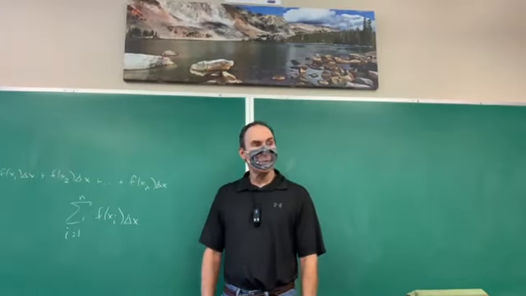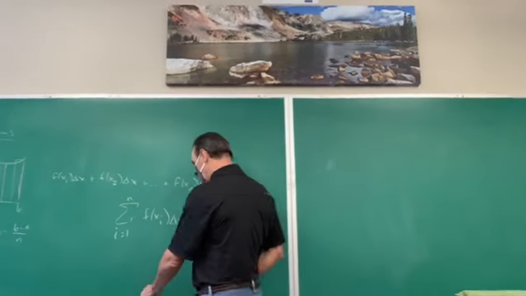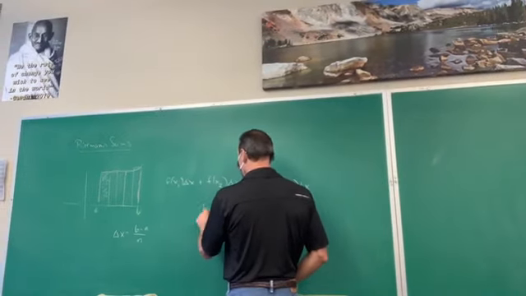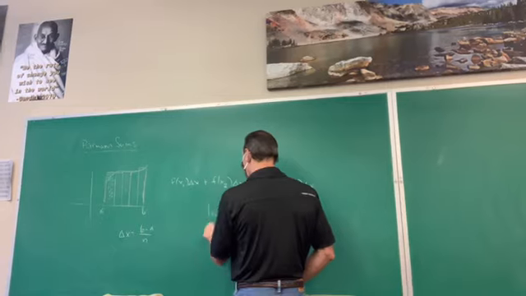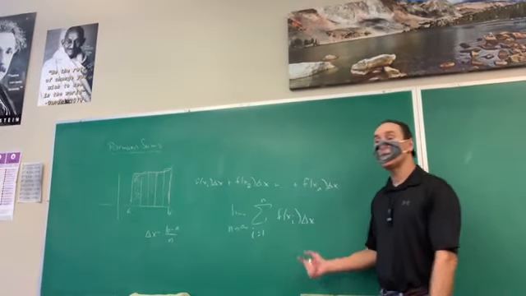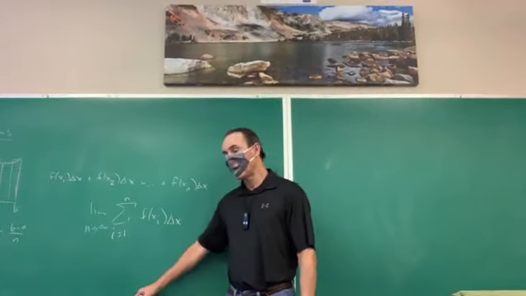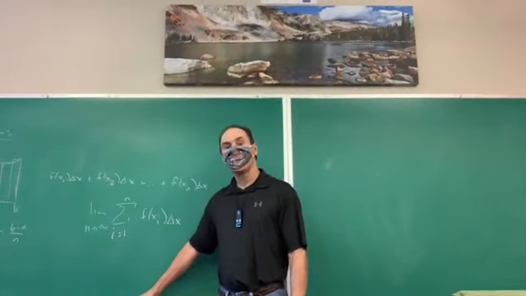Now, what we have said is then, if we take that limit as n goes to infinity, we take an infinite number of rectangles of uniform width, then it no longer is an approximation, but we get true equality to that area under the curve.